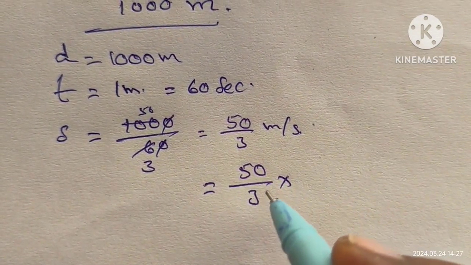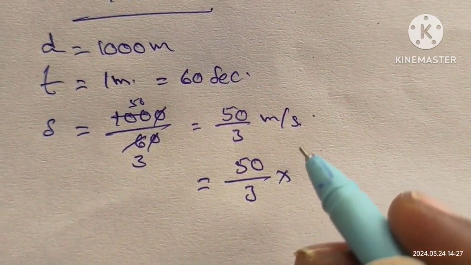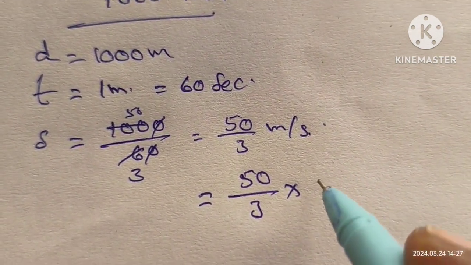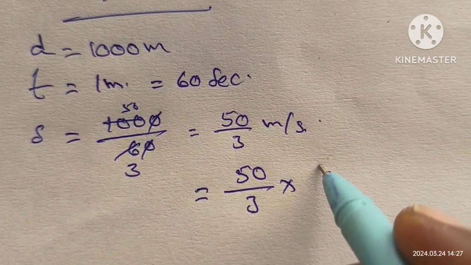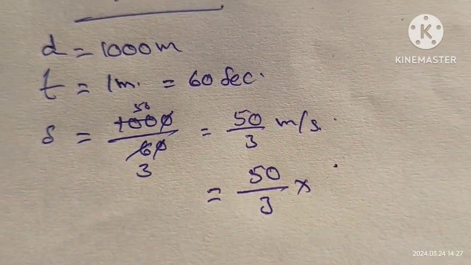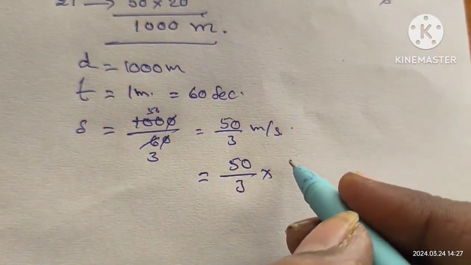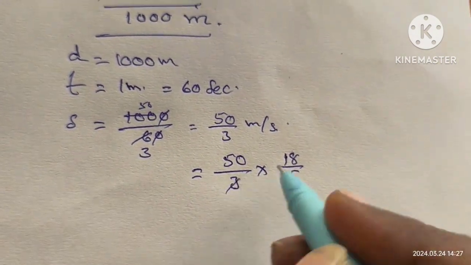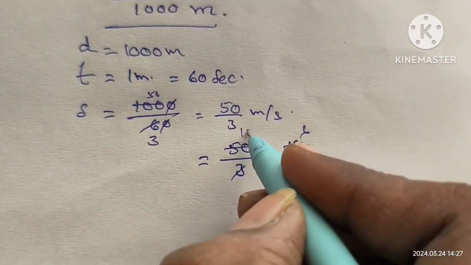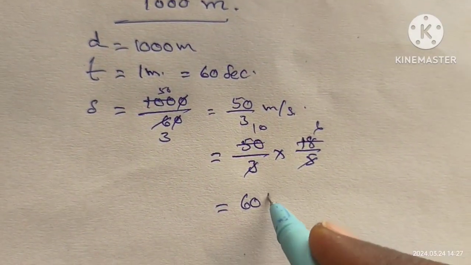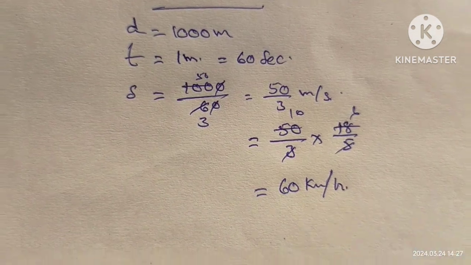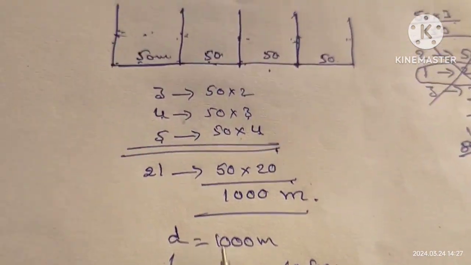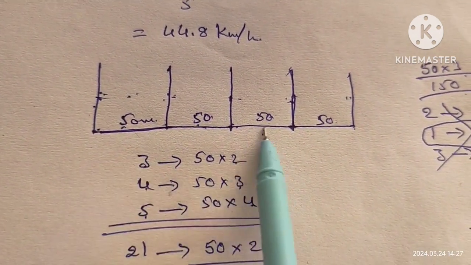If you want to convert meters per second into kilometers per hour, then we have to multiply by 18 by 5. 3 sixes are 18, 5 tens are 50. 60 kilometers per hour. That is the speed of the train.